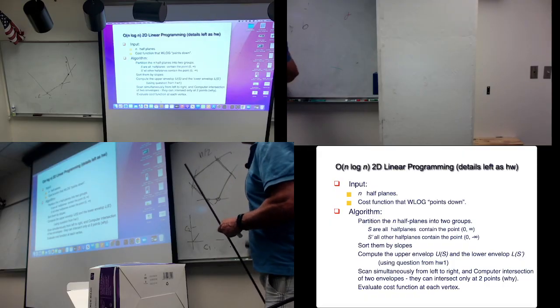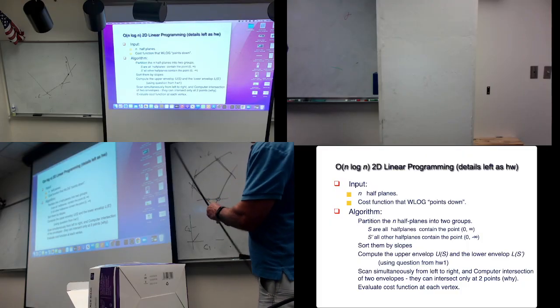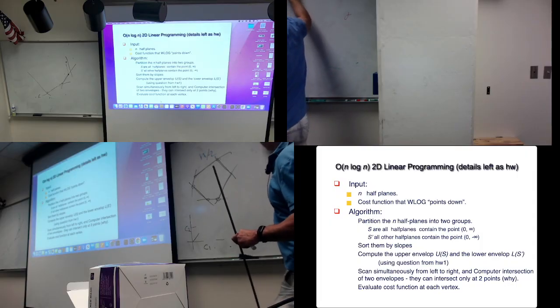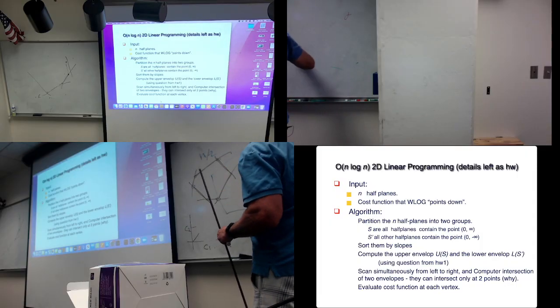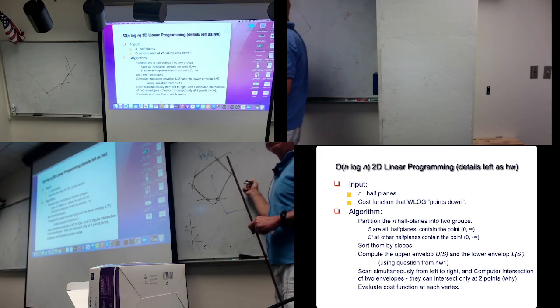That was with one half of the half planes. And I'll take another such polygon that I created from the other set of n half planes.